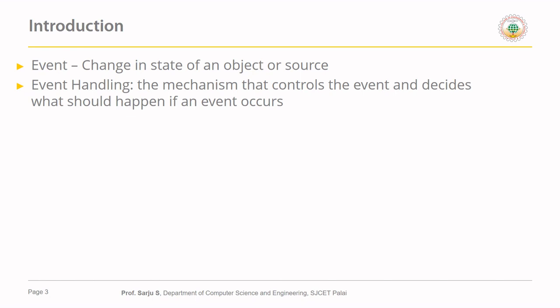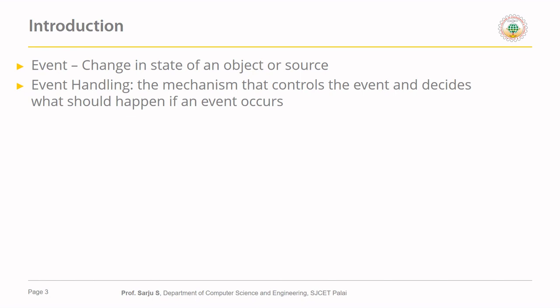And event handling is a mechanism to control the event and decide what should happen if an event occurs. In the previous example, when I click the button, a corresponding feature is picked from the text list and displayed in the text box. That is event handling.